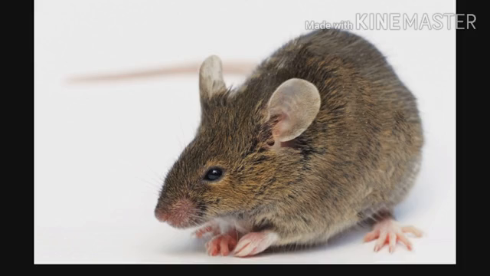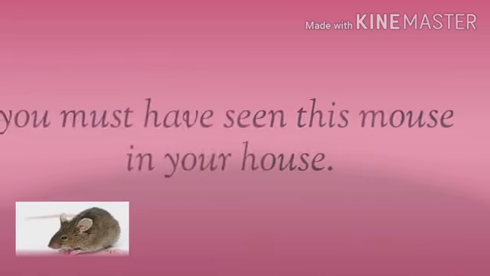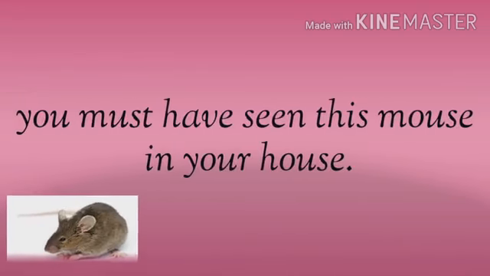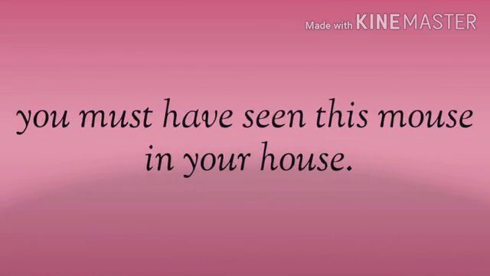The computer mouse cannot run and eat, but it has a long tail like wire going into the CPU cabinet. And a computer mouse also helps us to draw pictures and point at things on the monitor. You must have seen this mouse in your house.